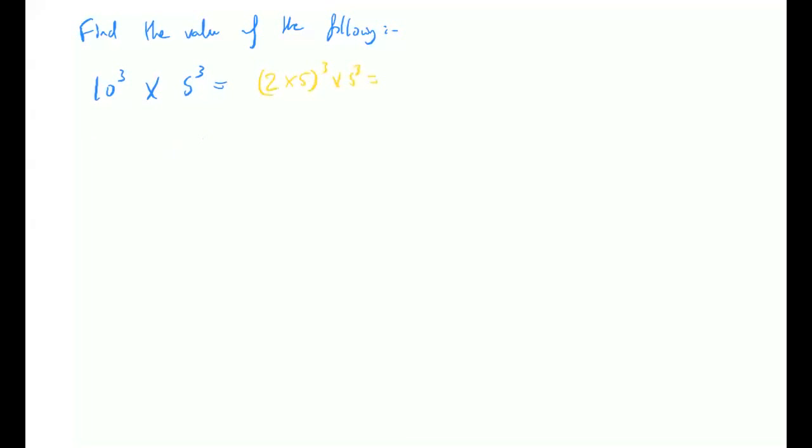So if we have the power here, here's a multiplication, guys. Multiplication, not addition. It's very important. We can write it as 2 power 3 times 5 power 3 times 5 power 3.